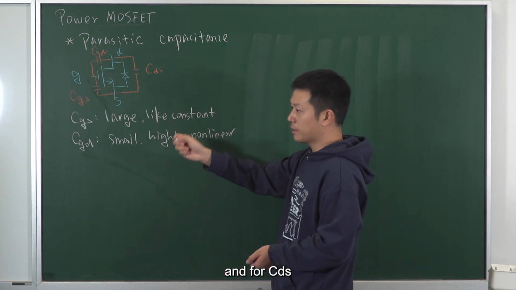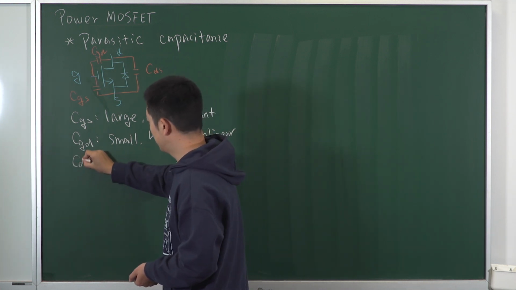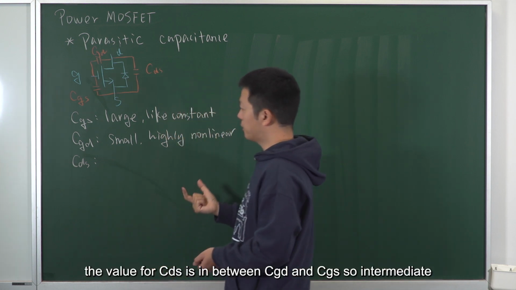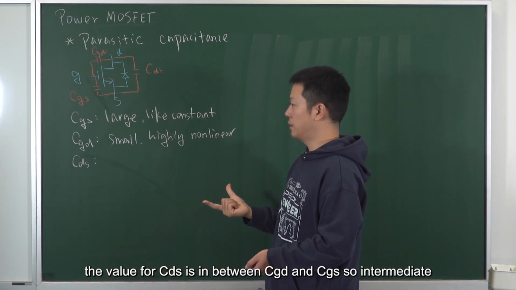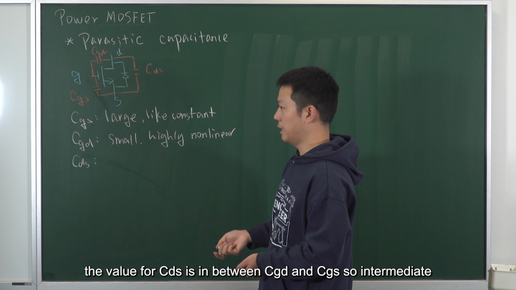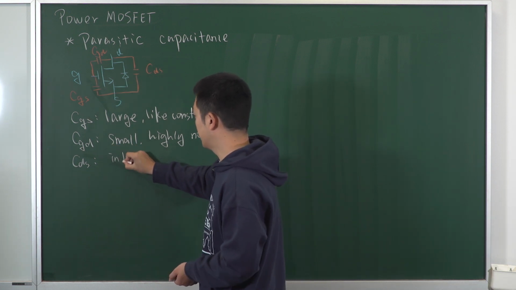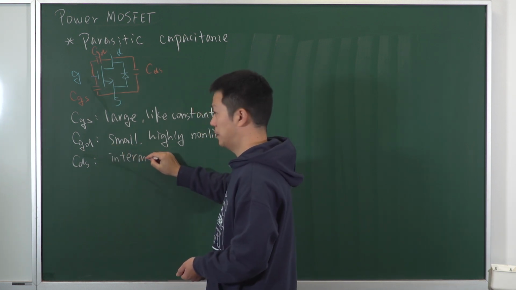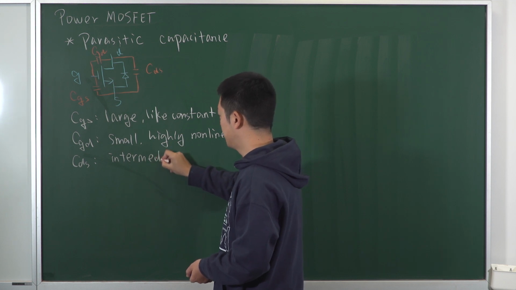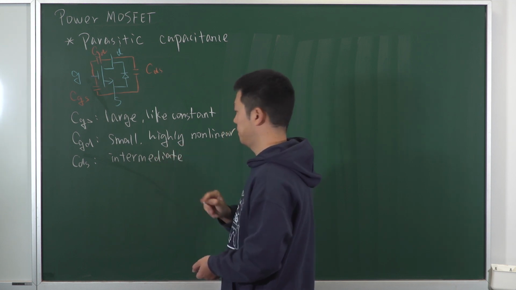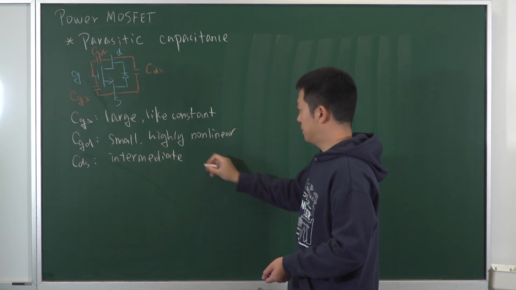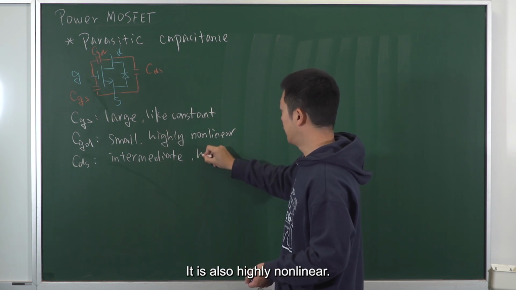And for CDS, the value for CDS is in between CGD and CGS, so intermediate. It is also highly nonlinear.